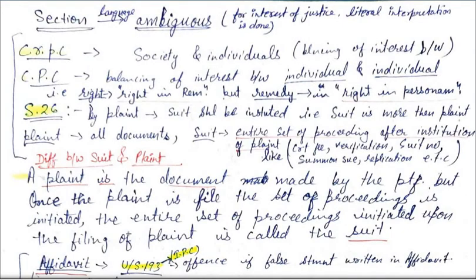Now you see what I am saying was, मान लो CPC का कोई एक सेक्शन है and the language of the section is ambiguous. अब language is ambiguous means two or more interpretations are possible. अब मान लो उसके 3 इंटरप्रिटेशन है, तो 3 में से किसी एक को आप फॉलो कर सकते हो। अब उसमें से किसको आप फॉलो करोगे?